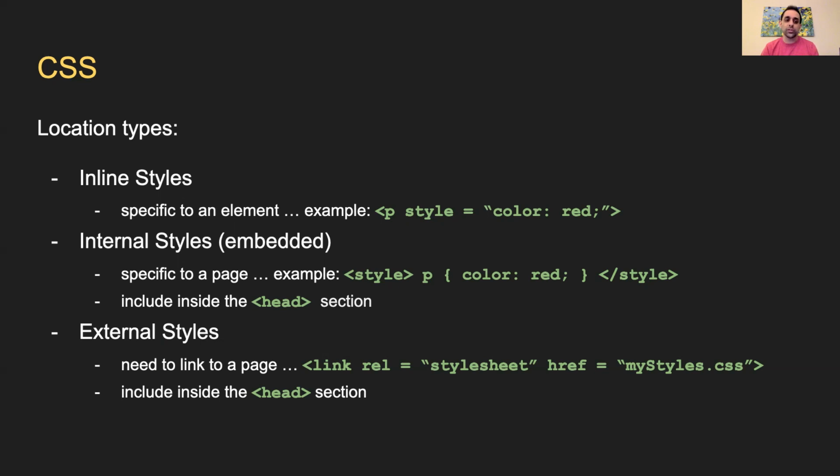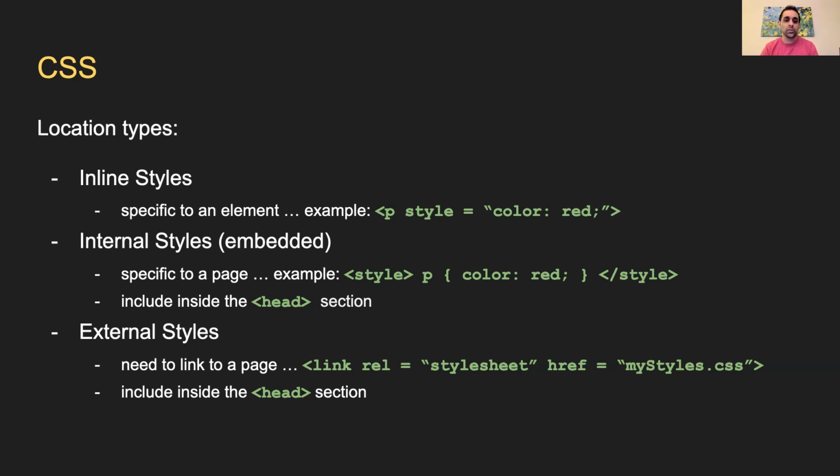And then finally, we have external styles, and this is the most common use case for CSS documents. The reason being is so you can share the styles across multiple pages, and it separates your content, your structure, from your design. If you do have an external style sheet, you have to link it in each individual page. To link it, you use the link element with a rel of stylesheet, so it must be stylesheet.